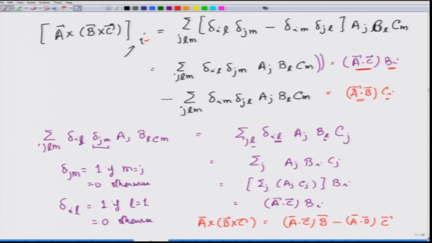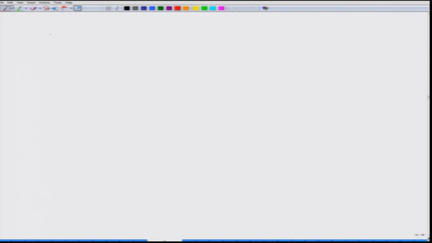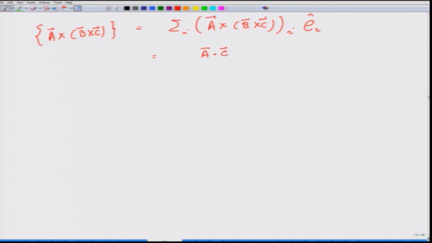C vector. If you are very fussy about the notation, then you can also write that A cross B cross C is nothing but summation over i of the ith component times the unit vector in the ith direction, and this is nothing but A dot C B i e i summation over i, minus summation over i A dot B C i e i.